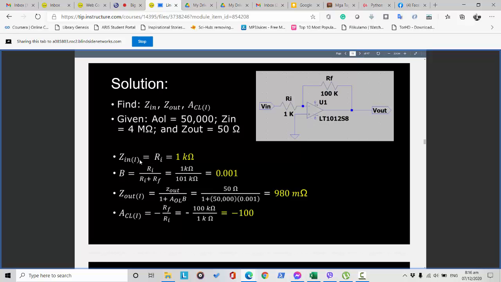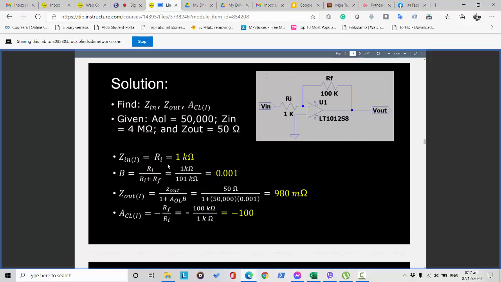Now we can compute for the value of the input impedance. The input impedance of this inverting amplifier is equivalent to Ri, because of the formula that was given a while ago, that the input impedance of the inverting amplifier is the same as its input resistor.